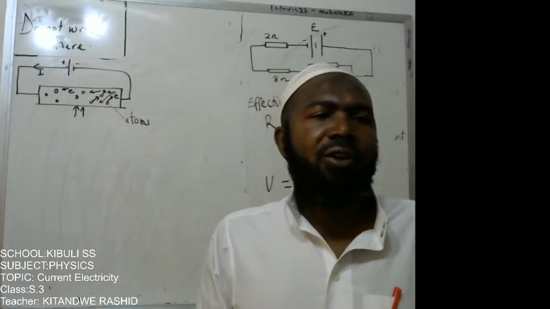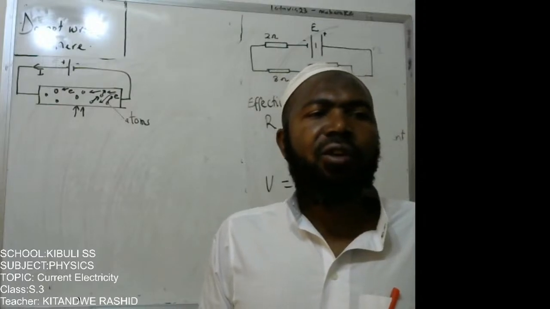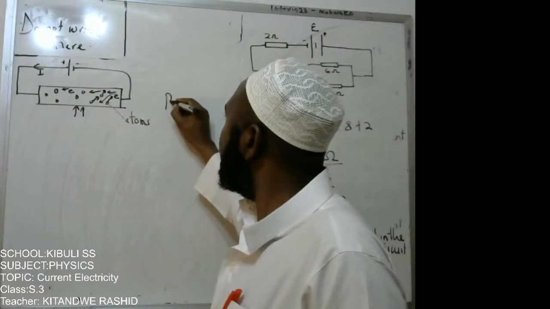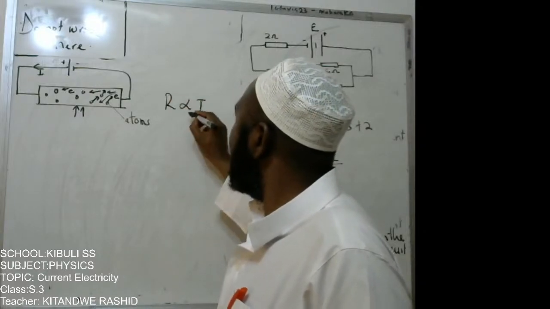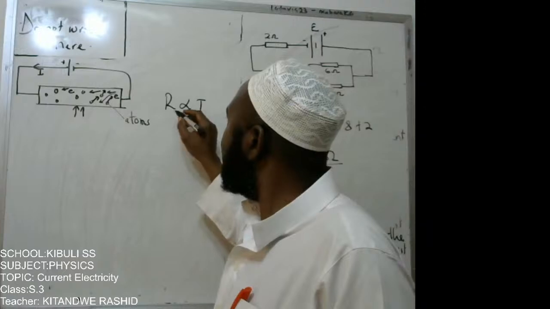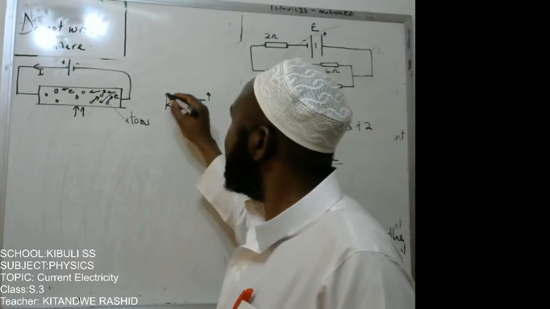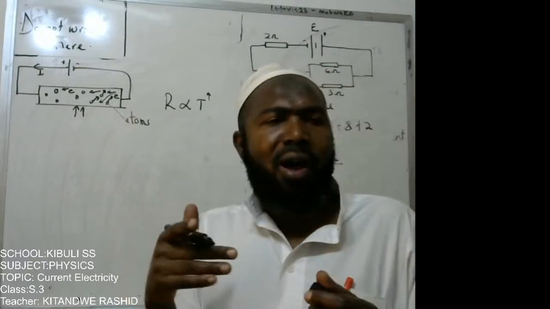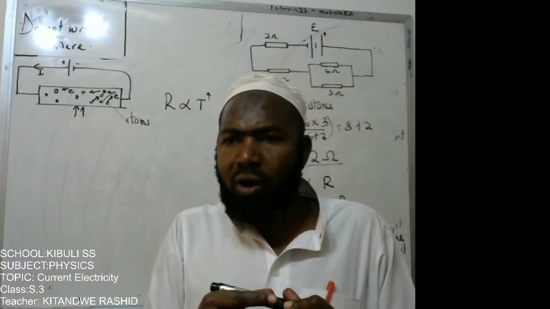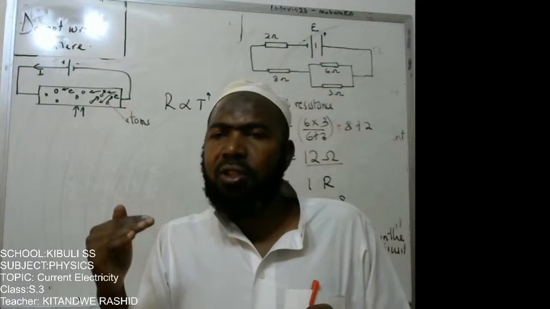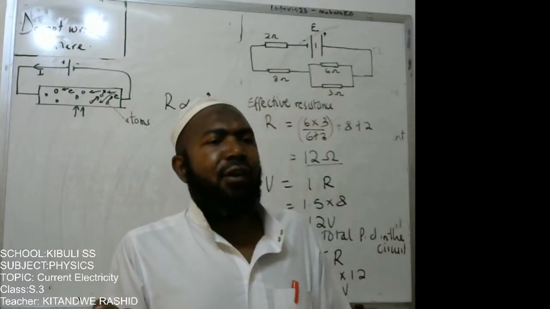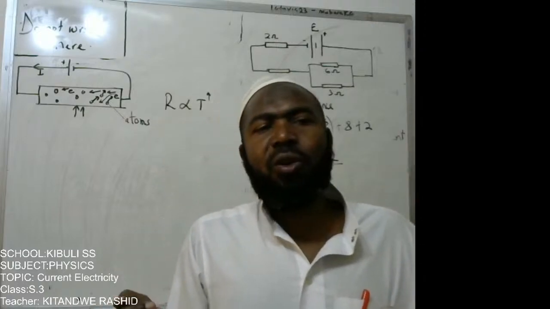And therefore we are now saying that the resistance of a conductor is proportional to temperature. The more temperature increases, the more vibration increases, the more paths are blocked for electrons to move, the speed of electrons is reduced, and therefore resistance has increased.